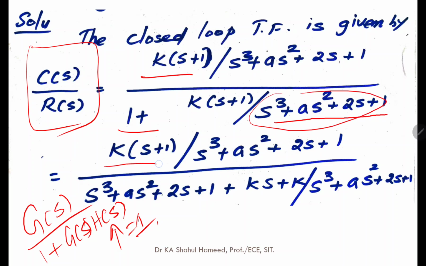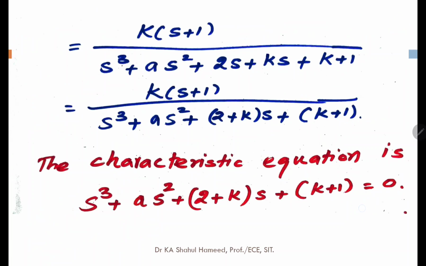We get K(s + 1) / (s^3 + a s^2 + 2s + 1) divided by, when I cross multiply, s^3 + a s^2 + 2s + 1 + Ks + K, divided by s^3 + a s^2 + 2s + 1. I am just cancelling these two things. The remaining thing is K(s + 1) divided by s^3 + a s^2 + 2s + Ks + K + 1.